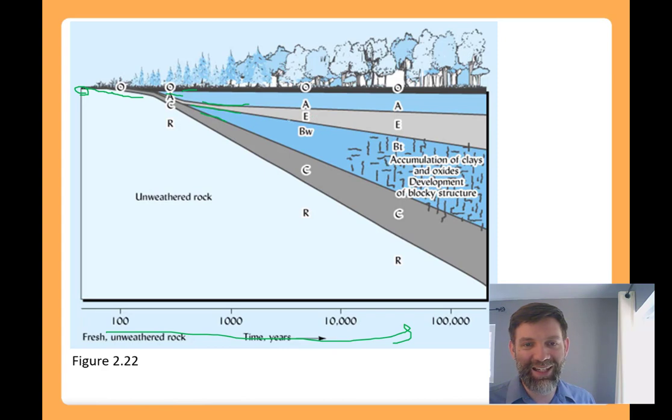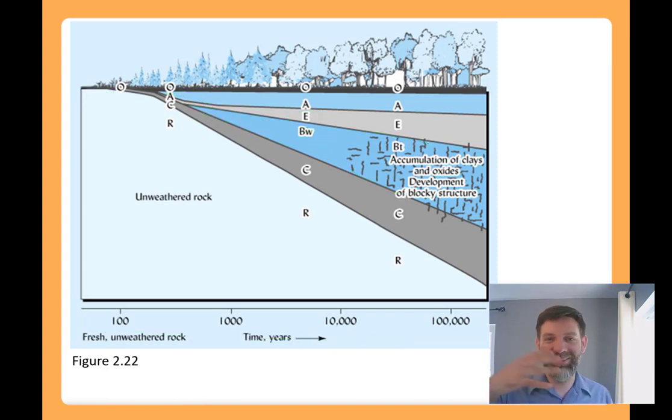We might get an E horizon depending on your climate, but likely to get a B horizon that first is going to be a Bw and then maybe goes to a Bt. Depends on a lot of other factors what the actual trajectory is, but the concept holds that more time, more development, more distinct and pronounced development of horizons.